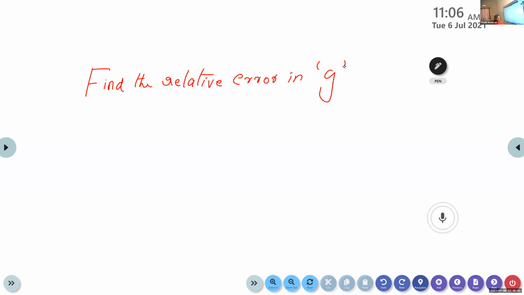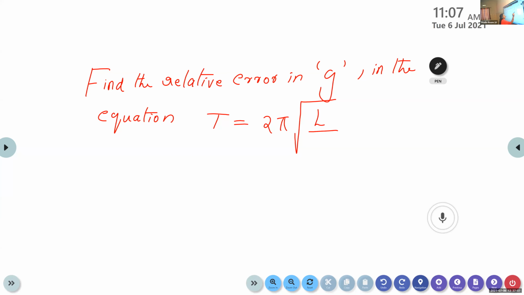Find the relative error in g in the equation T is equal to 2 pi into square root of L by g. Find the relative error of g.